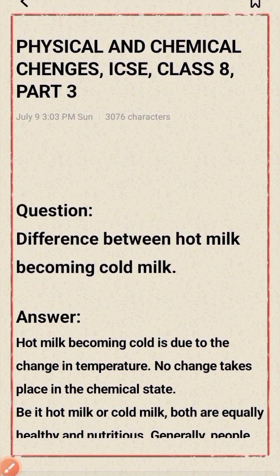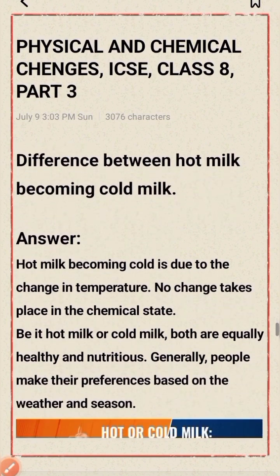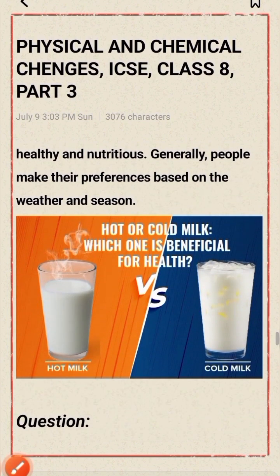No change takes place in the chemical state. Be it hot milk or cold milk, both are equally healthy and nutritious. Generally, people make their preference based on weather and season. Okay, show the picture of hot milk and cold milk.